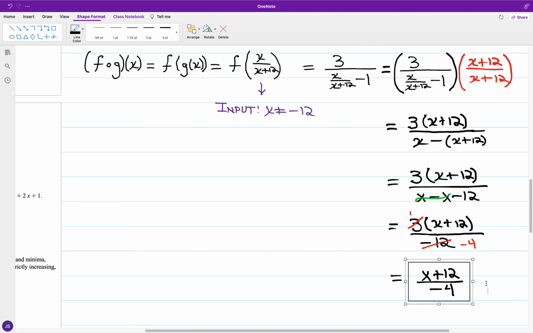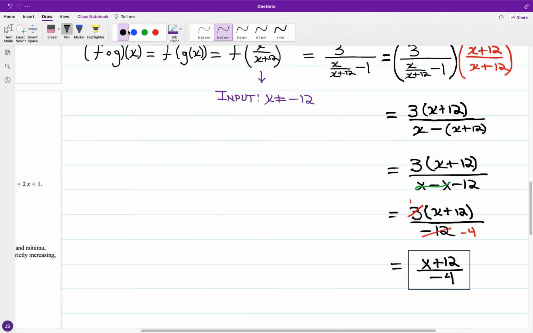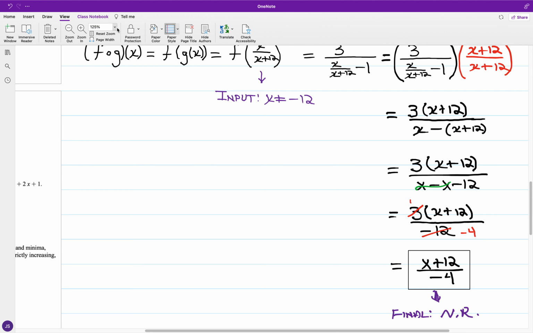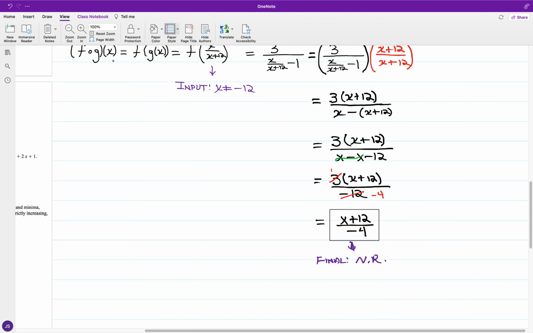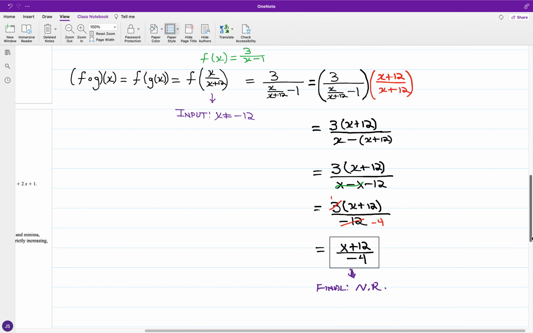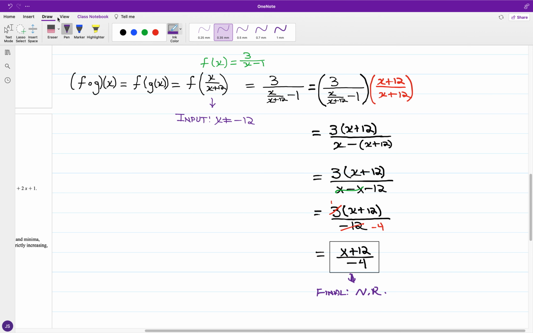Now in the case of the output itself, there is no added restriction. So between the input and the output, the only restriction is that x cannot be negative 12.